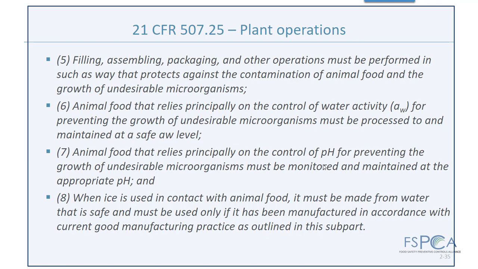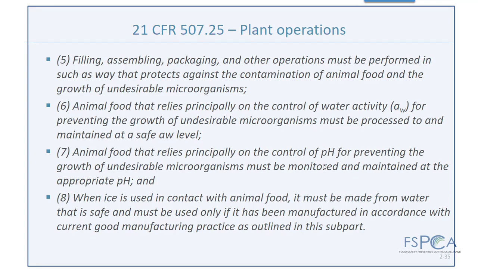Animal food that relies principally on the control of water activity for preventing the growth of undesirable microorganisms must be processed to and maintained at a safe water activity level. So if you're not familiar with water activity, that essentially refers to the amount of moisture in a specific ingredient or a specific mixture.